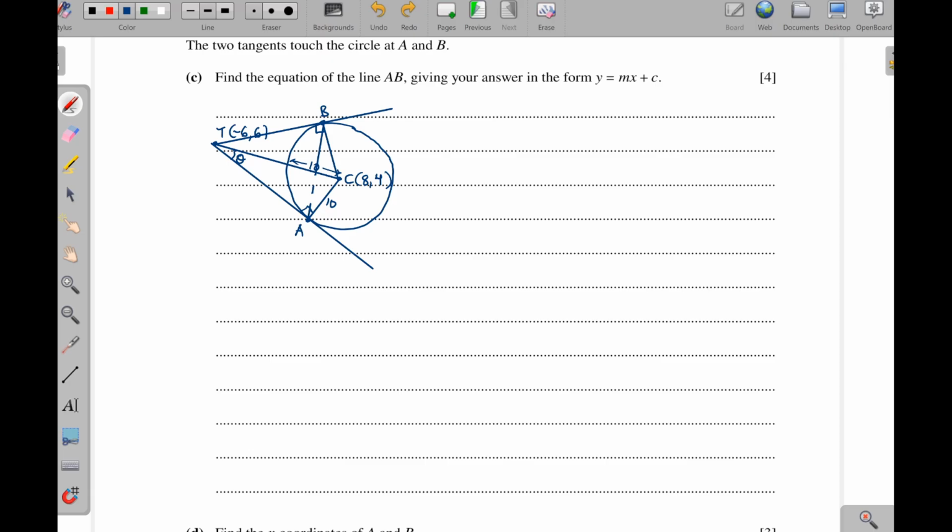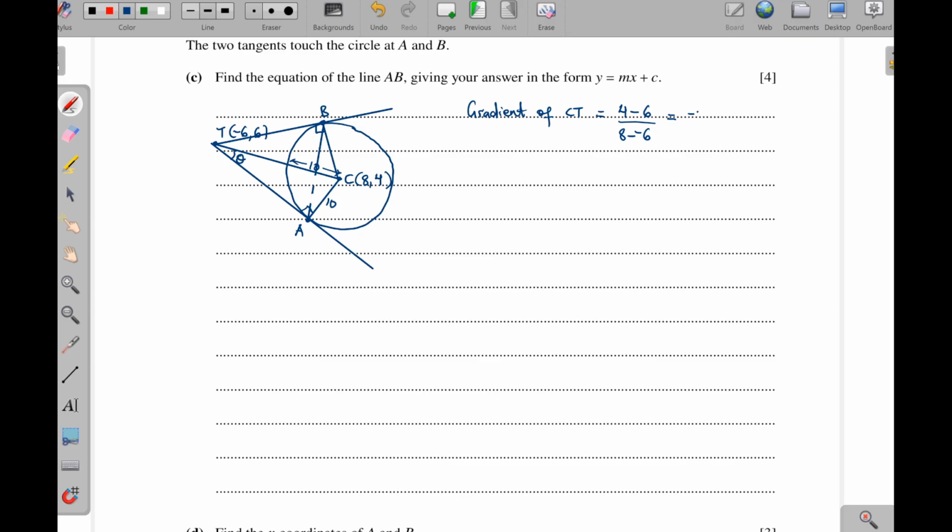So let's see. Gradient of CT will be the change in y will be 4 minus 6, then 8 minus minus 6.